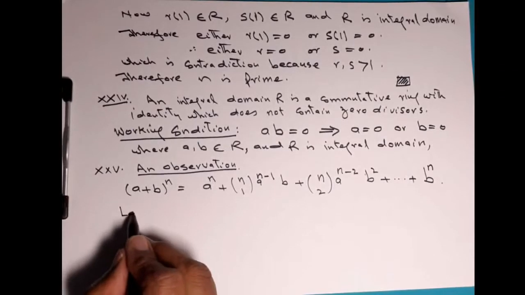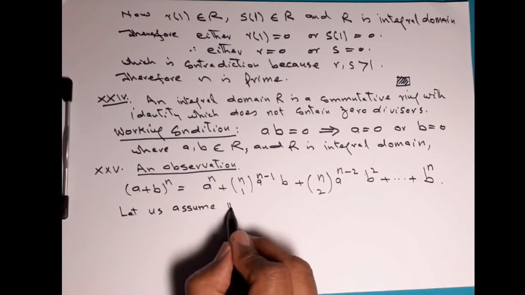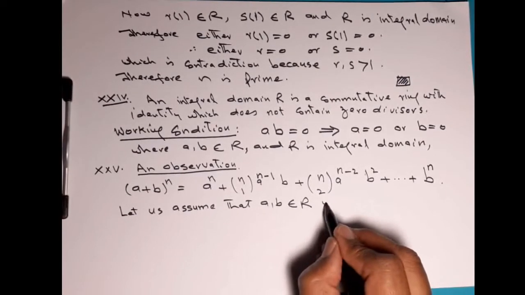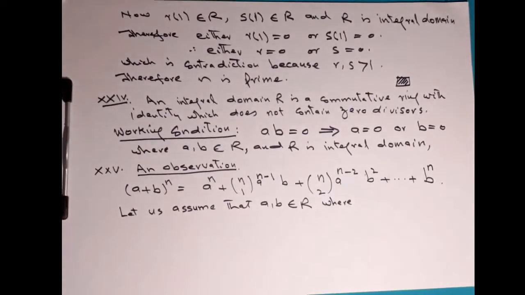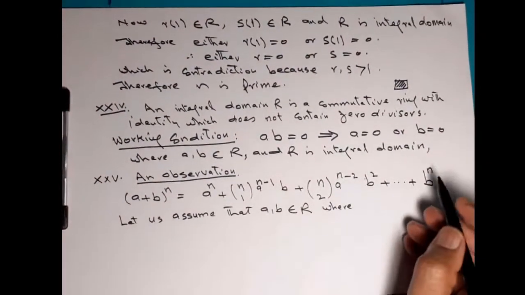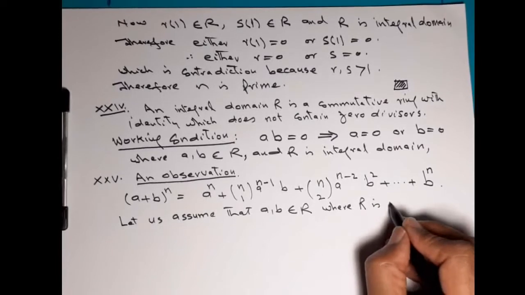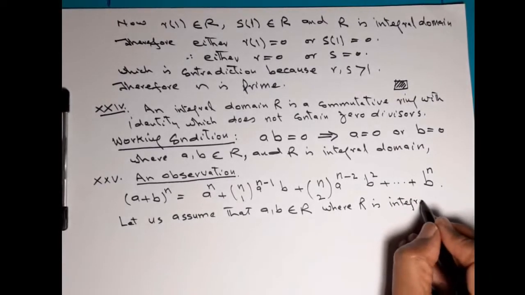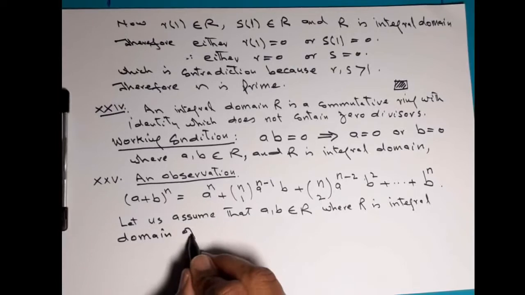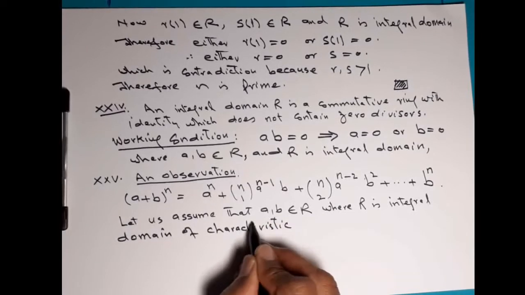Let us assume that a, b belong to R, where R is an integral domain and its characteristic, which you know, if it is finite, should be prime.